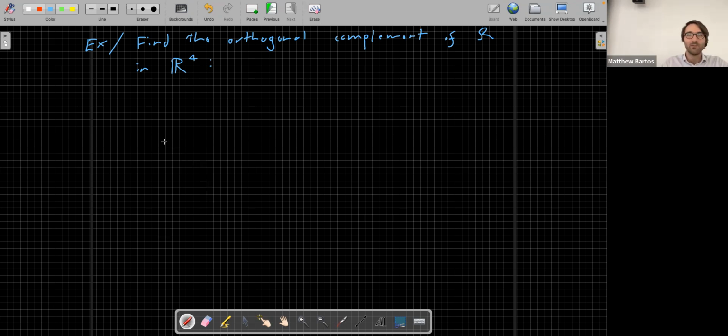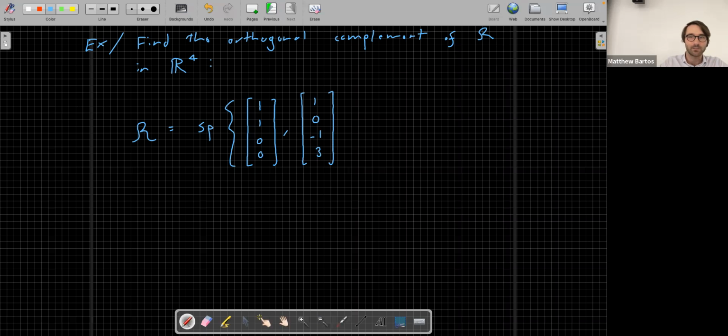We have that our subspace R is equal to the span of the following two basis vectors, 1, 1, 0, 0, and 1, 0, negative 1, 3. Okay, so we want to find our complement.